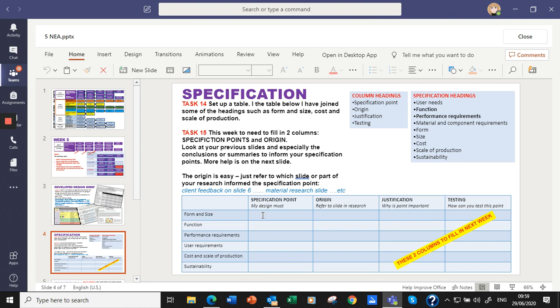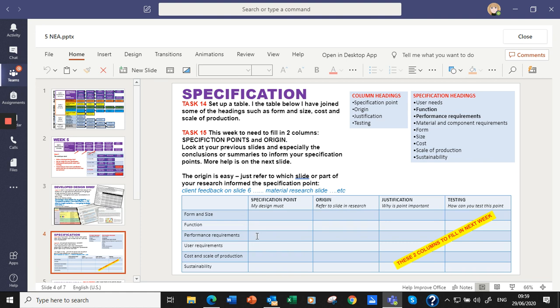This one here, my design for form and size. For form, you could put my design must be an Art Deco design, and then refer to the slide, because I found my client particularly likes this type of design movement. So fill in here for function, what it's got to do.